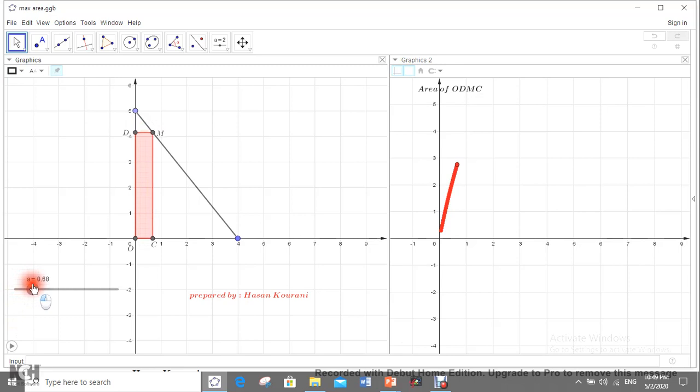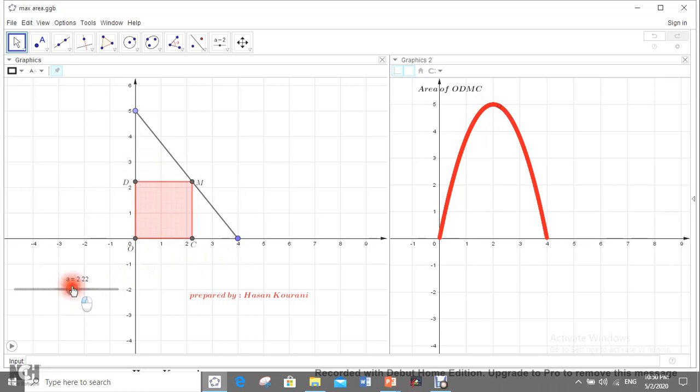As you will see here, the area increases as we move this point on this side, till value 5, where it achieves its maximum value at x equal 2. And then it decreases again since the rectangle loses its area as we go downward till it reaches 0 area, as you see, when DM is confounded with the horizontal axis, the x-axis.